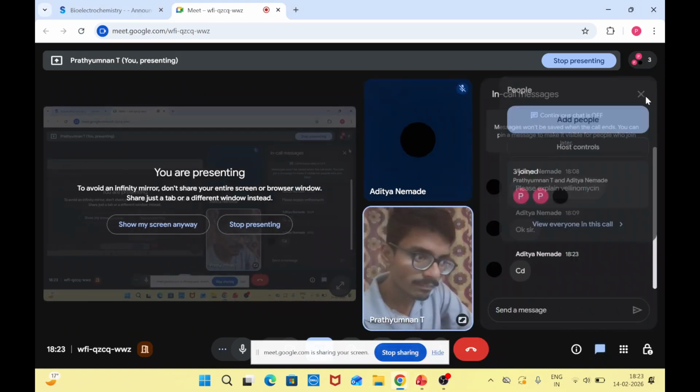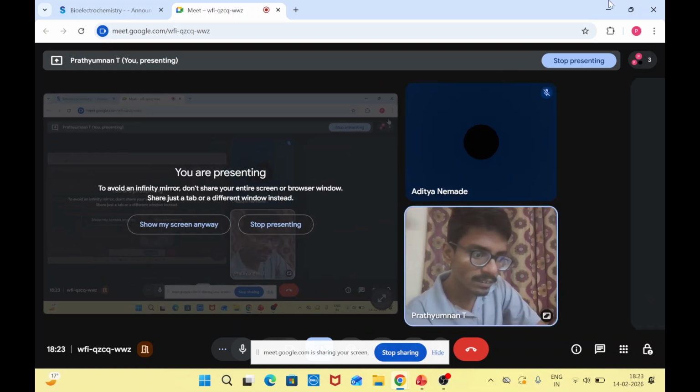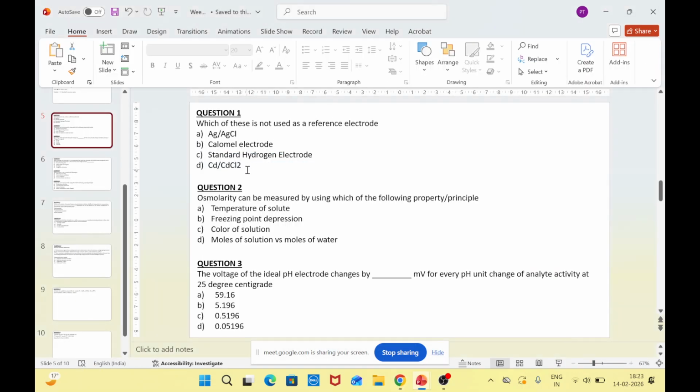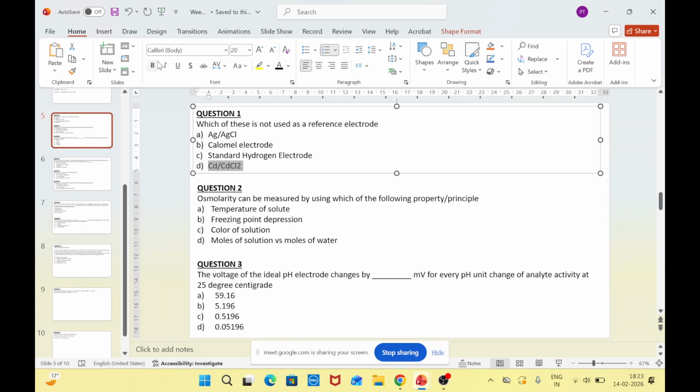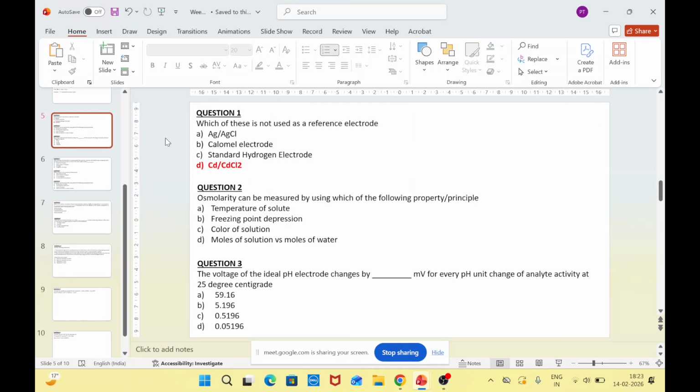Cd, yes. The other three can be used as a reference electrode. However, as I said, the standard hydrogen electrode is often referred to as a thermodynamic reference.